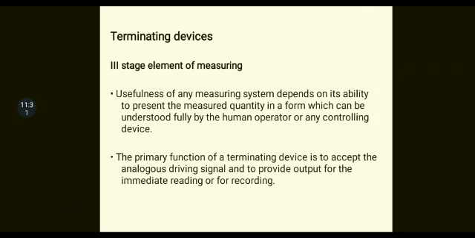Sir, the name itself indicates it is terminated, in the sense the last step of anything. The input signal is sensed by a sensor, modified by intermediate modifying devices, and it should be displayed or recorded or kept as some record. So that part is done here, at the last point.